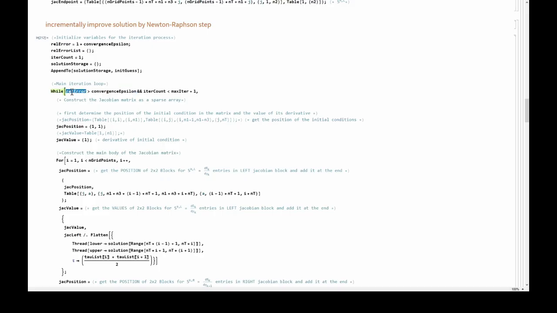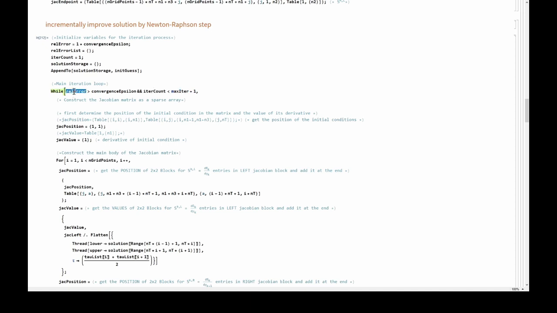So as long as the relative error is larger than this epsilon, we keep iterating, we keep improving. Or, of course, if the iteration count is smaller than the maximum iteration count, we also keep going. As soon as one of those two criteria is violated, we exit the while loop.